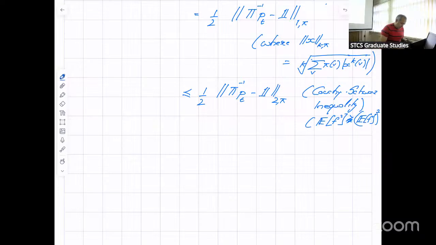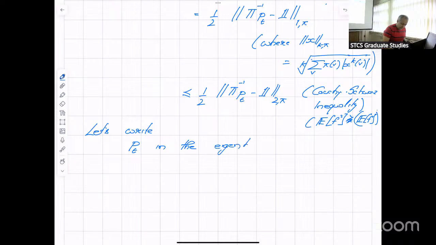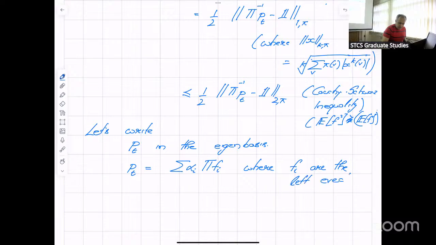Okay. So let's write PT in the eigenbasis. PT itself is some summation of alpha i pi f i, where the f i's are the left eigenvectors, and hence pi f i's are the right eigenvectors.